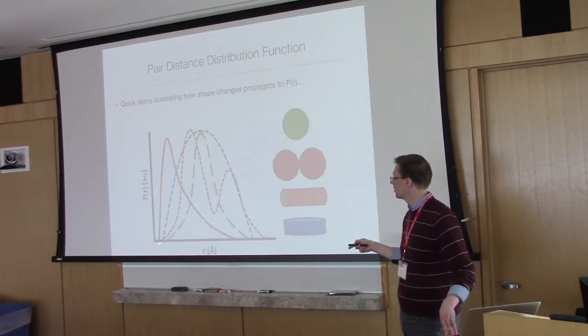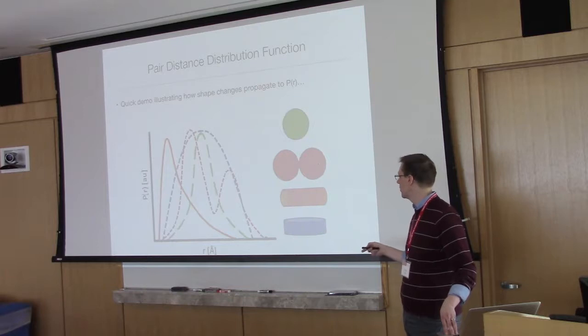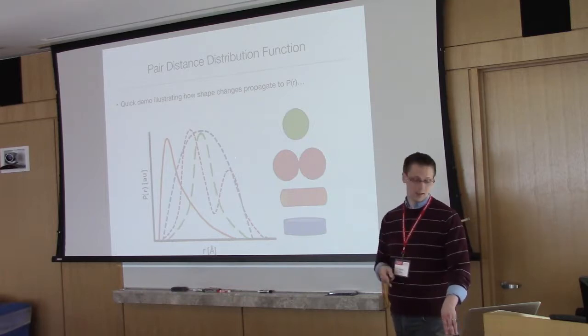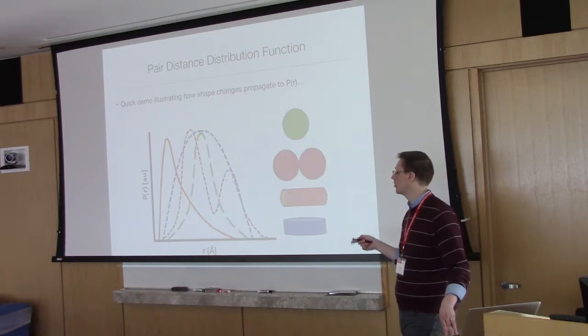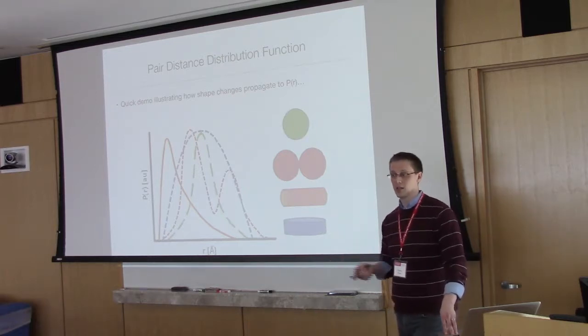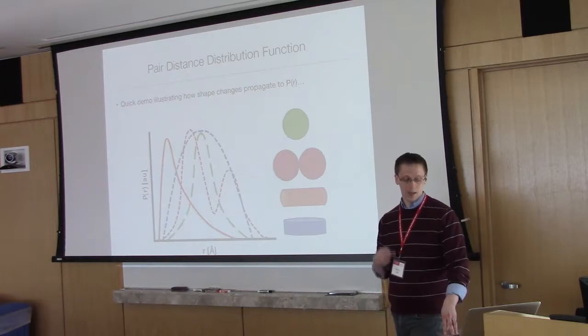You can see a rod has this left-skewed distribution, and a disc gives you a wider P of R distribution. So just from the P of R distribution, you can get some information about your particle.